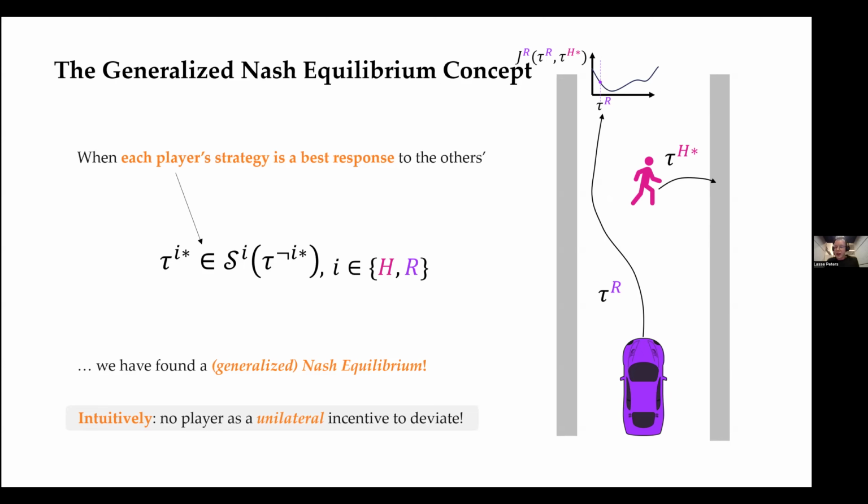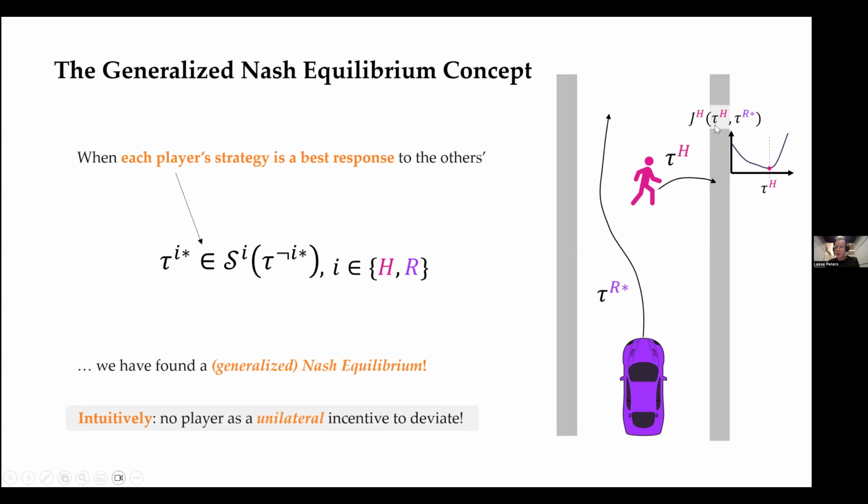So fixing the human's strategy at tau H star, the best thing that the robot can do is to play tau R star. And similarly, we can also look at this for the human.